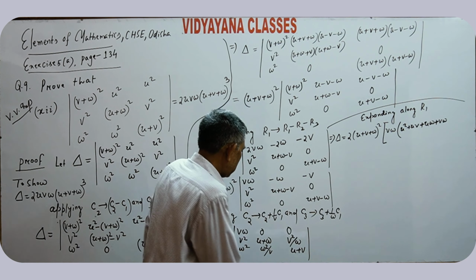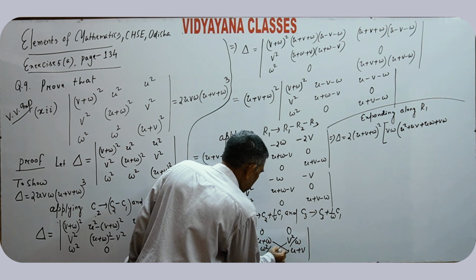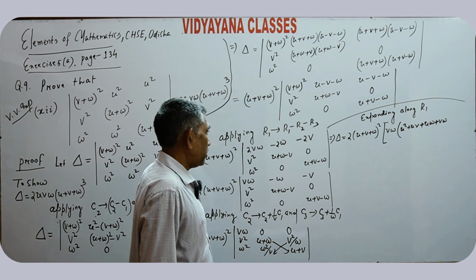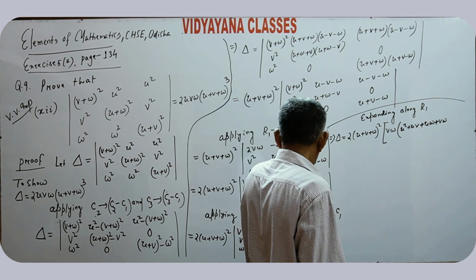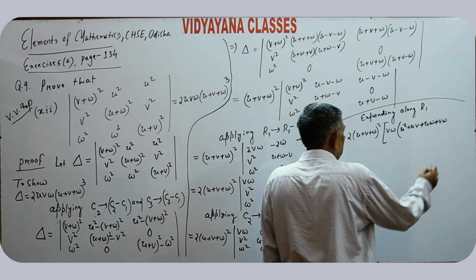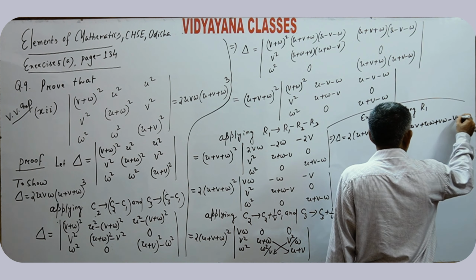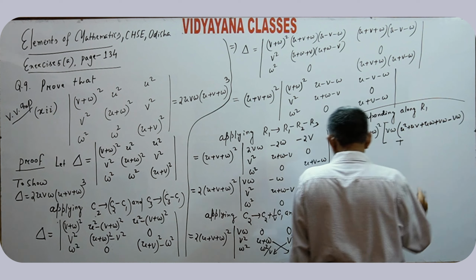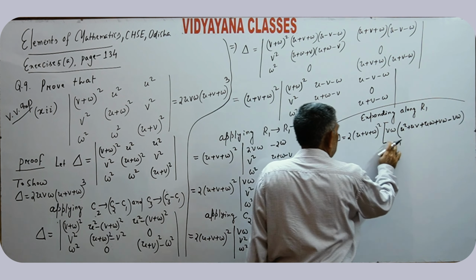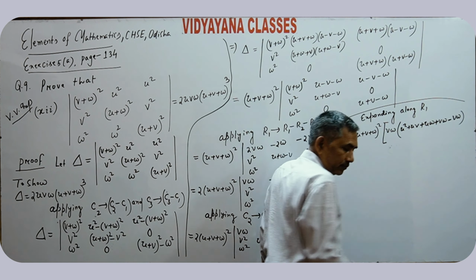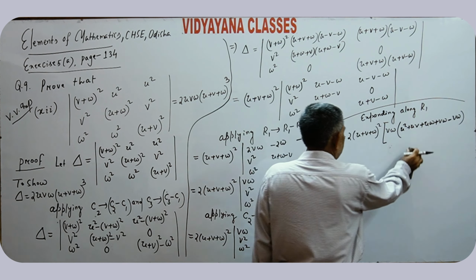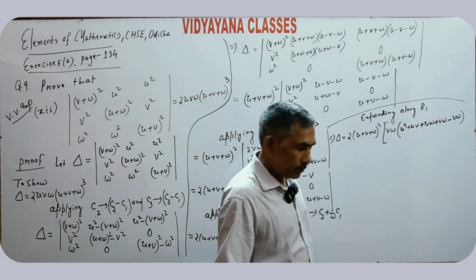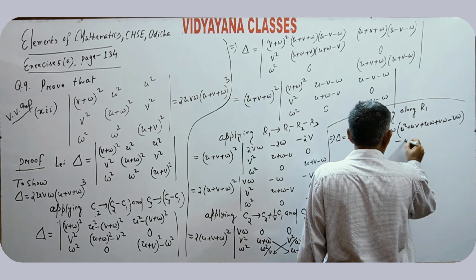This into this, v square w square divided by vw, that is minus vw, plus minus 0, minus 0 plus 0.